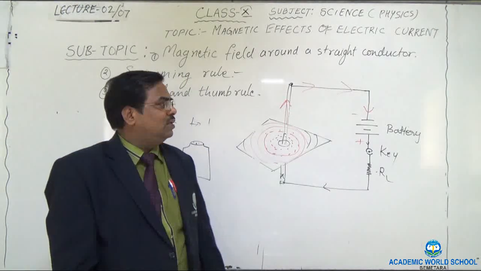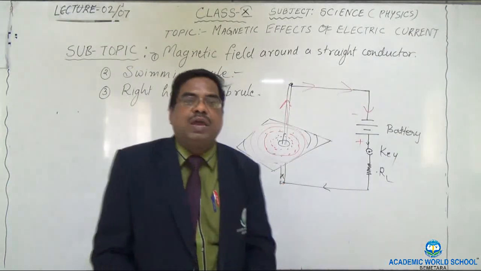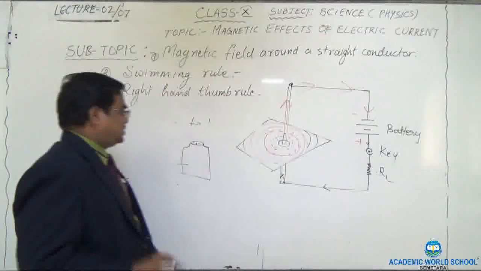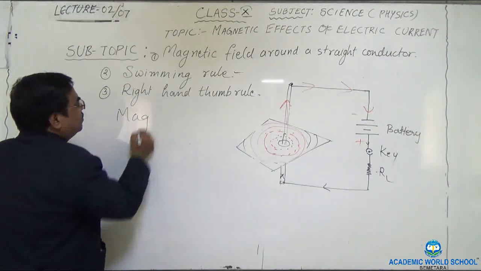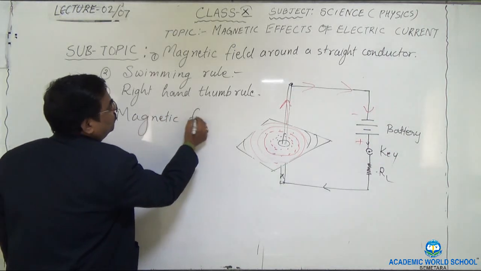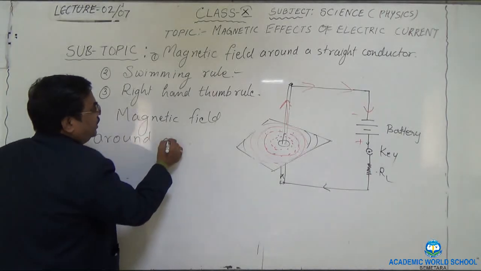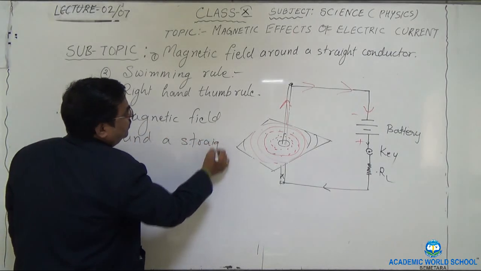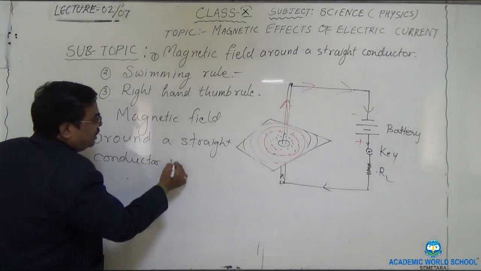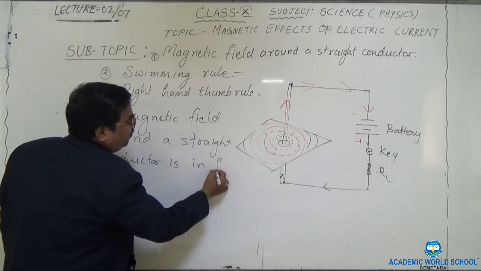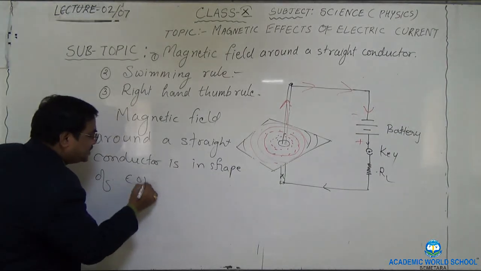This proves that the magnetic field around a straight conductor is in the shape of concentric circles. Let me write: magnetic field around a straight conductor is in the shape of concentric circles.